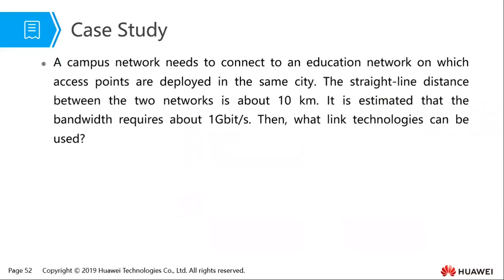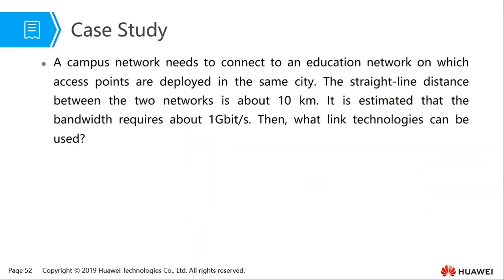So let's look at a case study. So remember, we are still referring to the same campus network that we've been talking about from the beginning. So a campus network needs to connect to an education network on which access points are deployed in the same city.